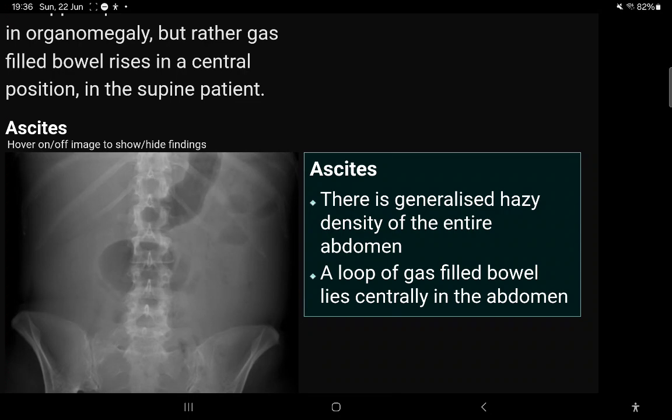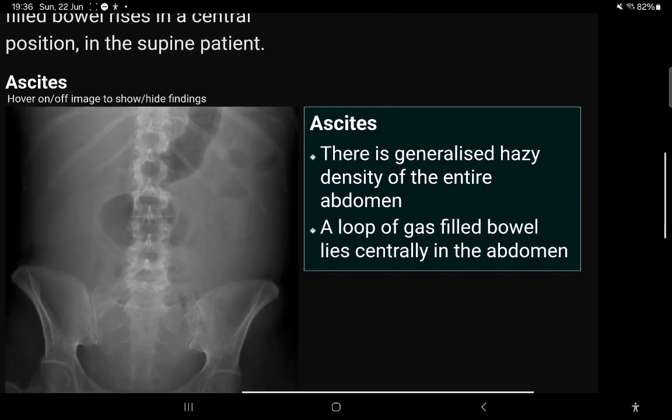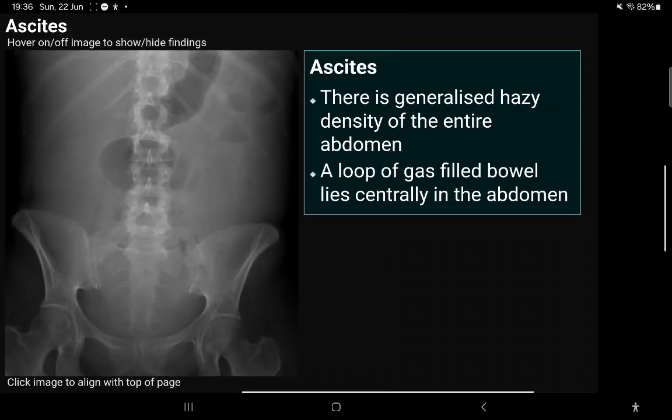It looks like the previous case of massive hepatomegaly and splenomegaly. Ascites: there is generalized hazy density of the entire abdomen. A loop of gas-filled bowel lies centrally in the abdomen because it is floating within the fluid outside the bowel.